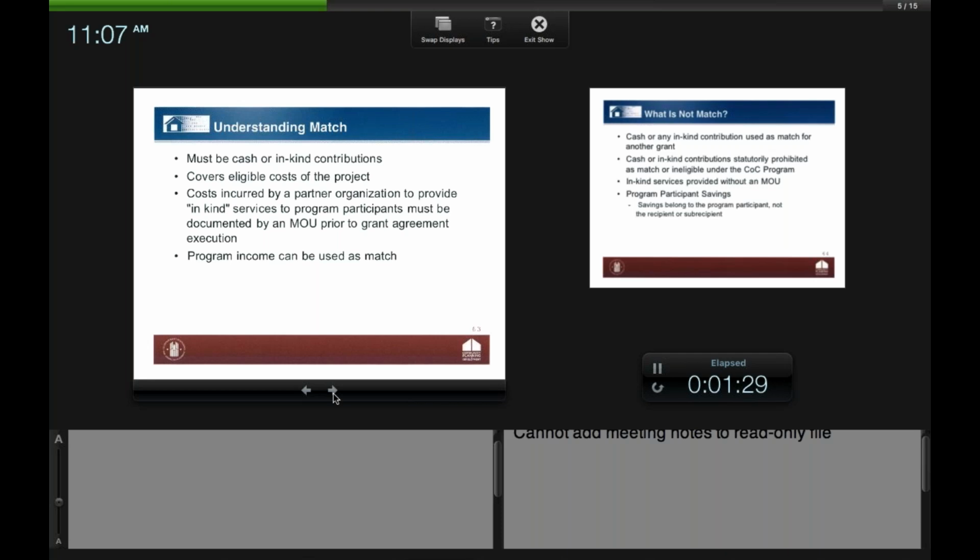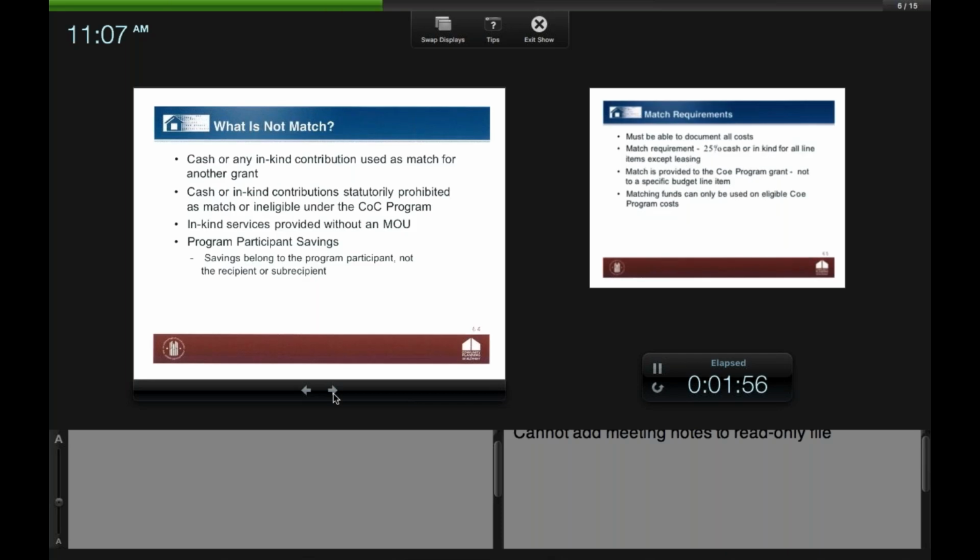And then lastly, as mentioned, program income can also be used as match, and the regulations for program income are found at 578.97. And program income for fiscal year 15 and 16 grants does recognize program income as an eligible match source.